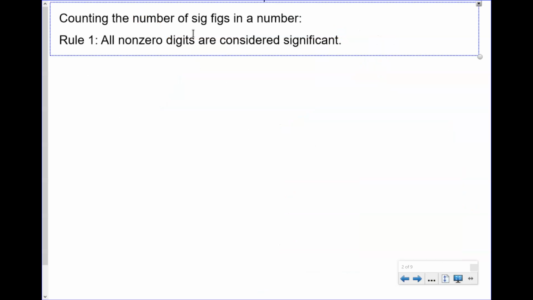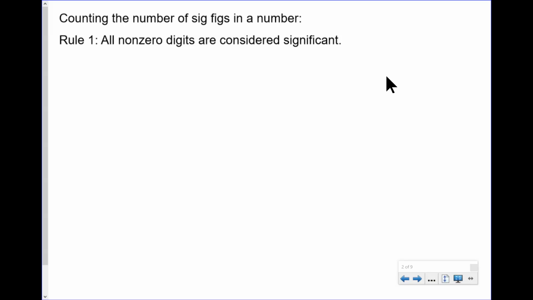When we look at sig figs, there's a certain number of rules that we use to determine how many significant figures a number has. Rule number one is that any non-zero digits a number has are considered significant.